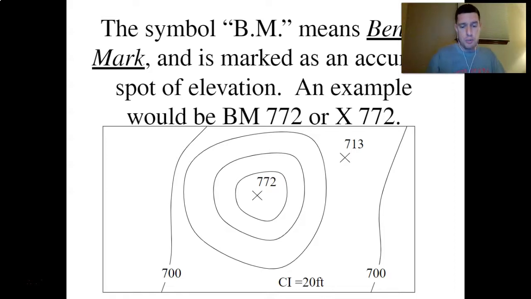We call these benchmarks. Something important happened there, or it's the top of a feature or the bottom of a feature that doesn't exactly exist at an even 720, 740, 760, whatever. So they will label it for you. They'll say, hey, this is 772, or this one spot where, I don't know, some president was shot, or whatever, the elevation is 713. So that's what benchmarks are.